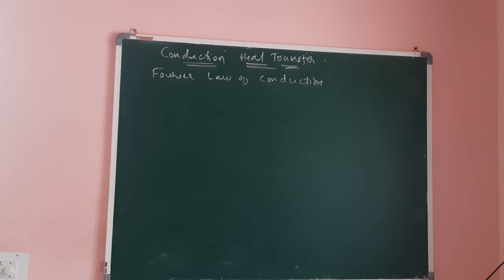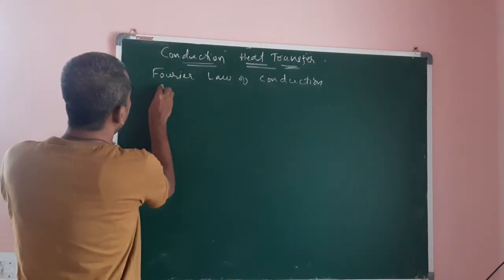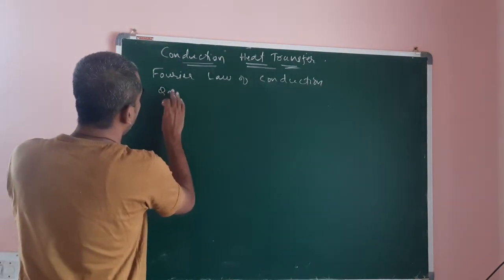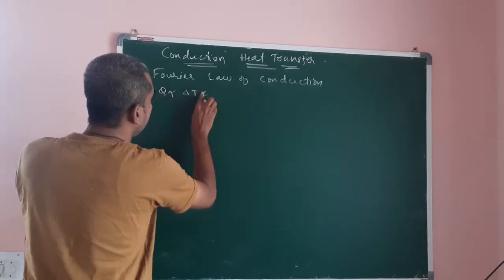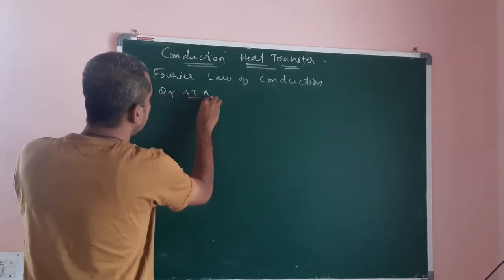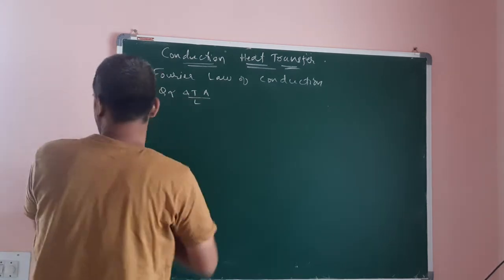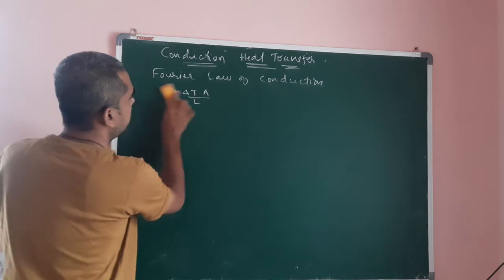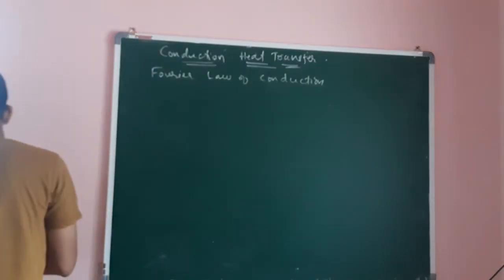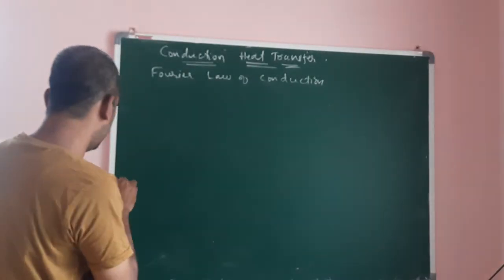It states that heat transfer Q is directly proportional to delta T and area and inversely proportional to L. This proportionality constant, we have discussed; I will make lecture videos for them also, as well as they are available previously.